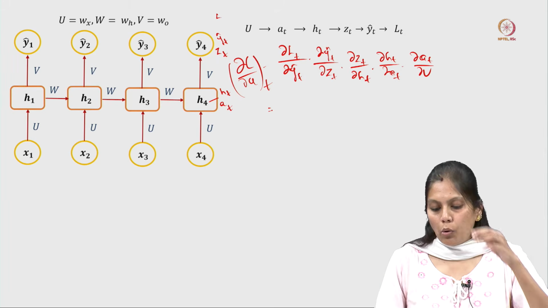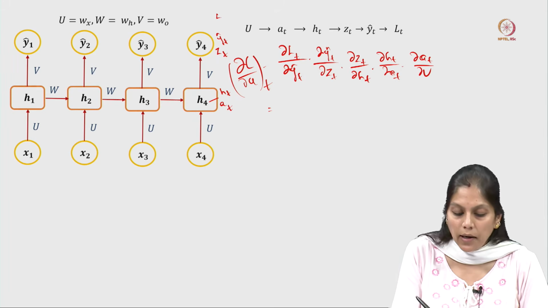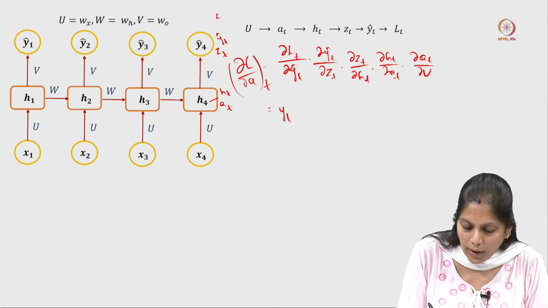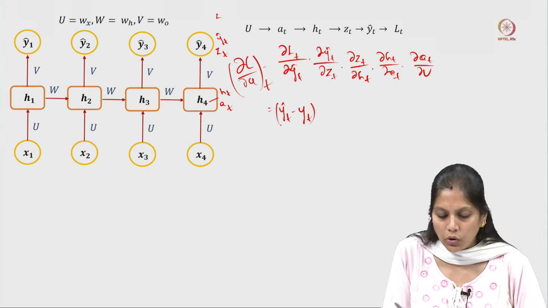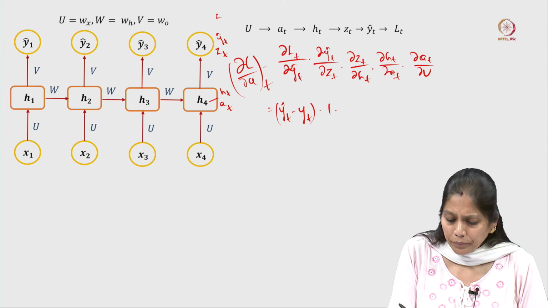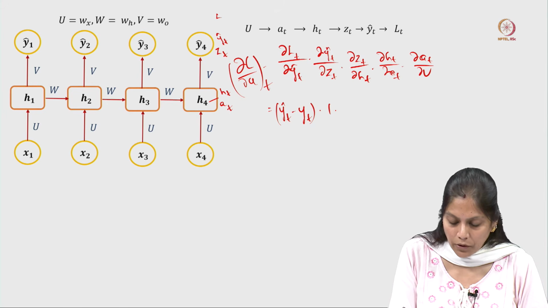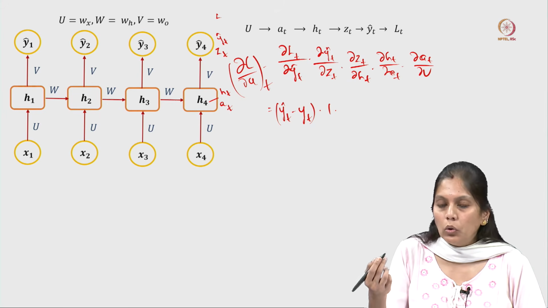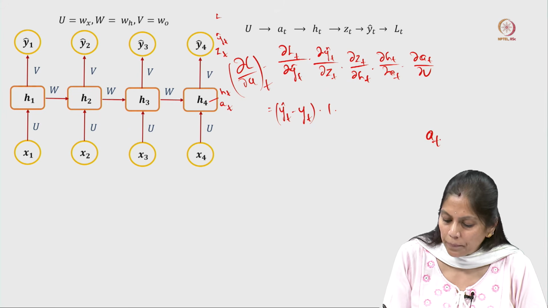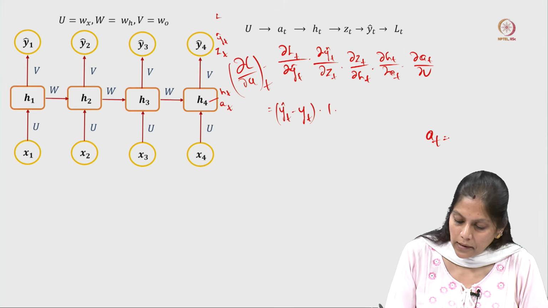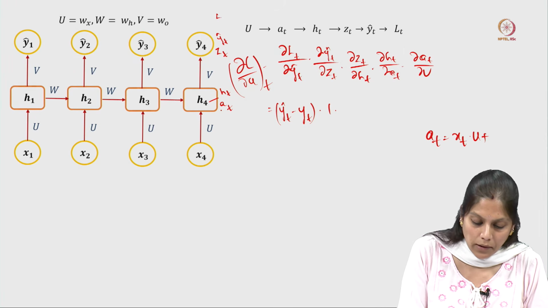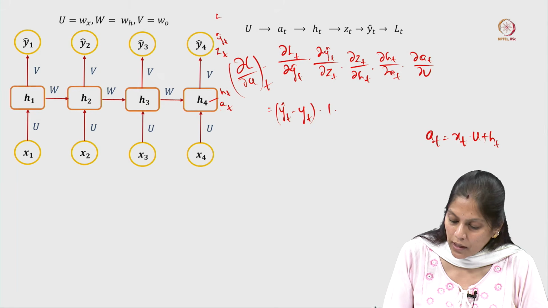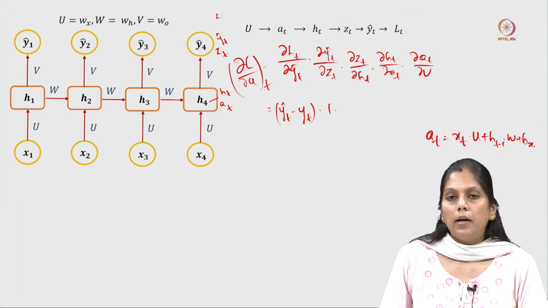By now most of the terms we have already calculated. This is the loss, so y t hat minus ground truth, and this is 1. And in case you are not able to, just substitute the values for a t. How will you get this a t? It is the current input multiplied with U, plus the previous h t minus 1 multiplied with W, and then the bias.